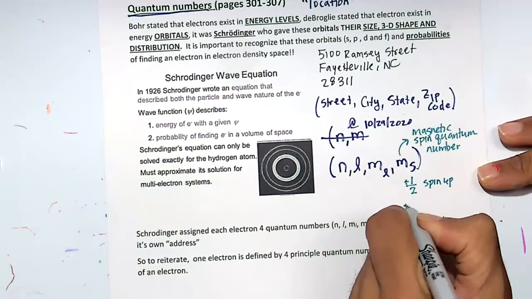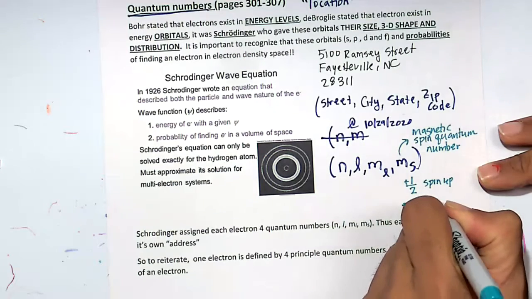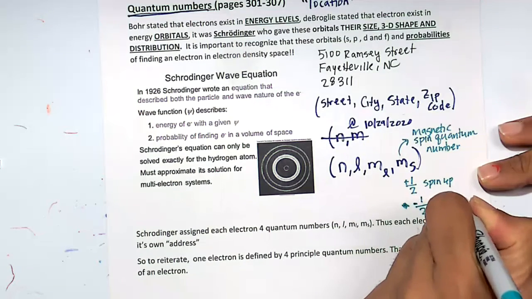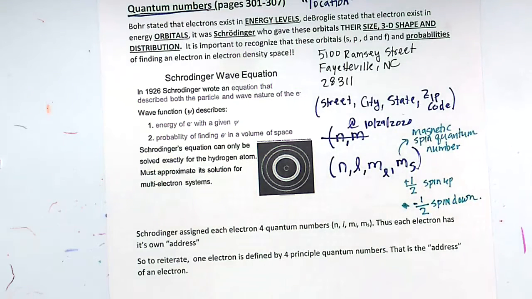If it orients against the magnetic field, it's spin down. So the 4th quantum number can be either plus 1/2 or minus 1/2: plus 1/2 is spin up, minus 1/2 is spin down. That's the easiest thing. The 4th quantum number is either plus 1/2 or minus 1/2.